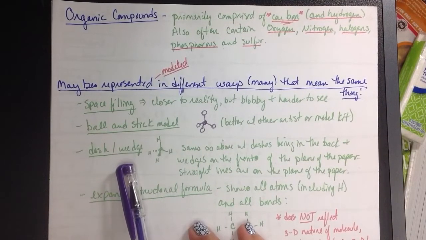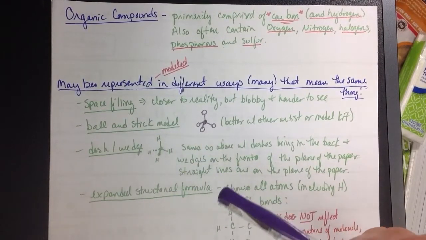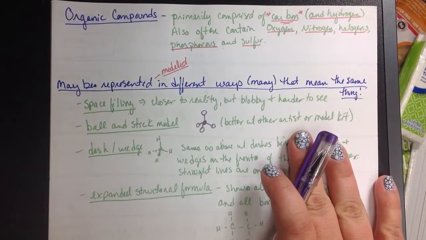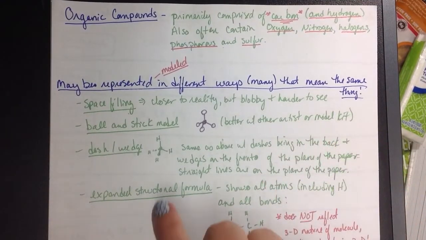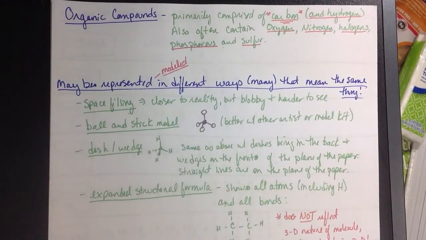Next comes the dash and wedge form. What this is attempting to do is show you how things are represented in 3 dimensions on a sheet of paper. So how we read this is that the things that are straight lines are meant to be in line with the paper itself.